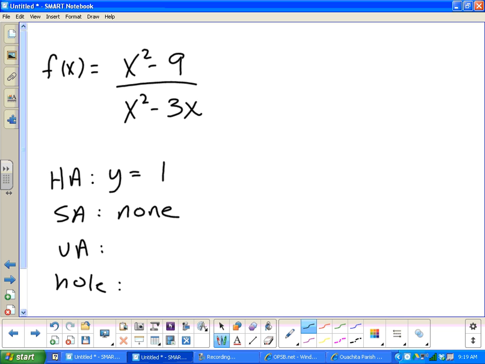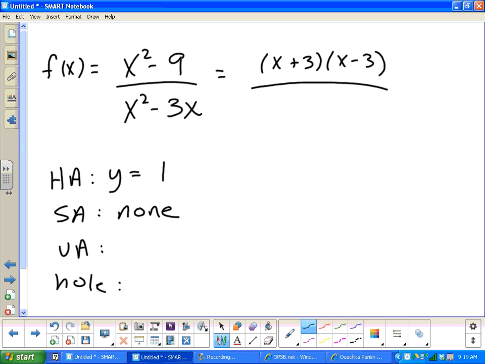All right, vertical asymptotes. So before I even start deciding what they are, what do I need to take my function to do? Yeah, you need to try to simplify the function. Okay, so simplifying or canceling out means you're basically going to have to do what really? Factor. Okay, so let's factor the numerator here. This would be x plus 3 times x minus 3.